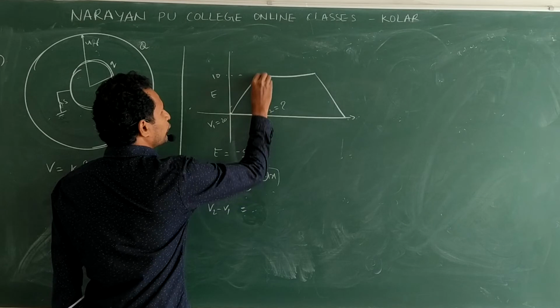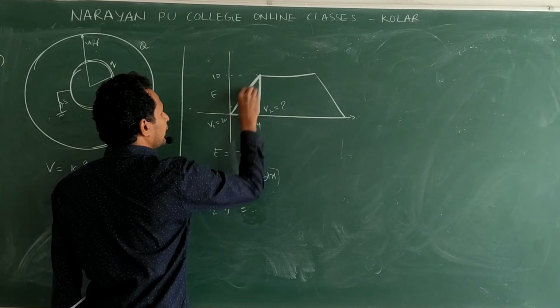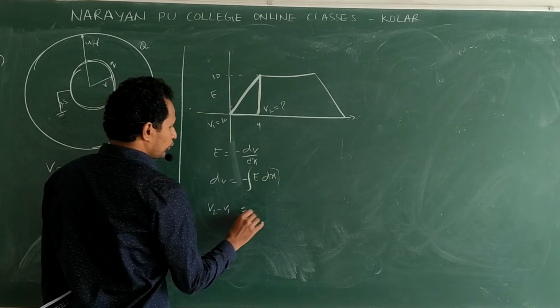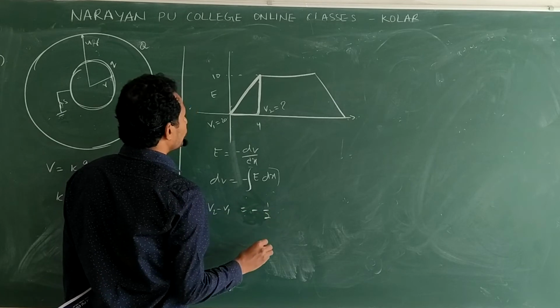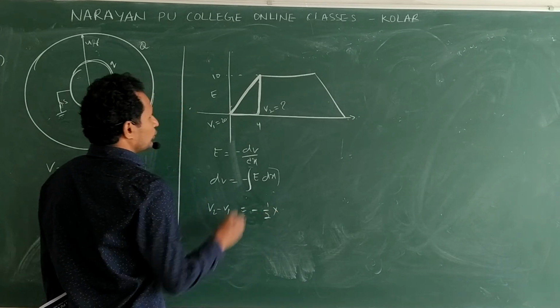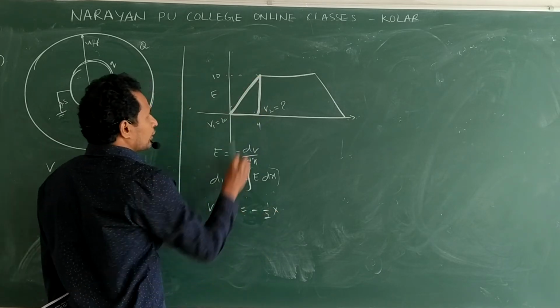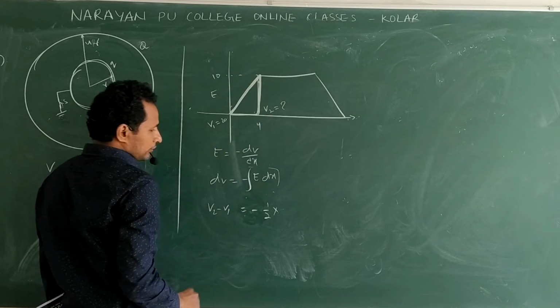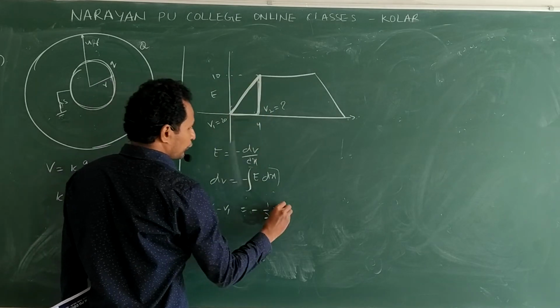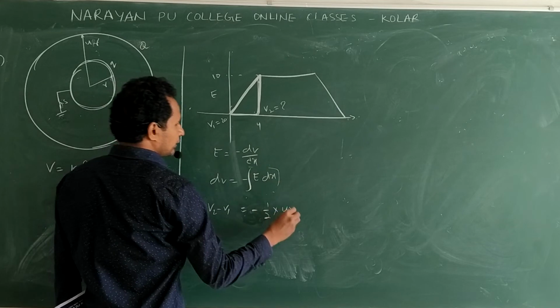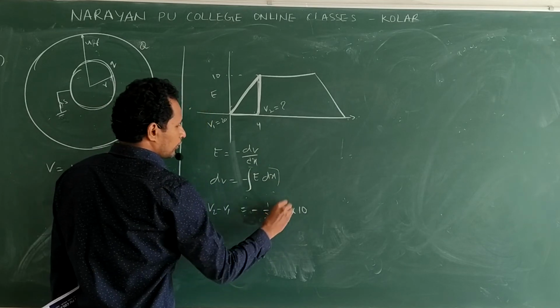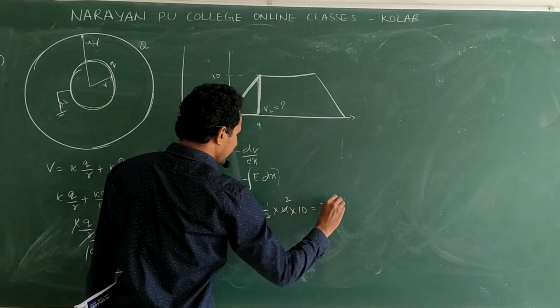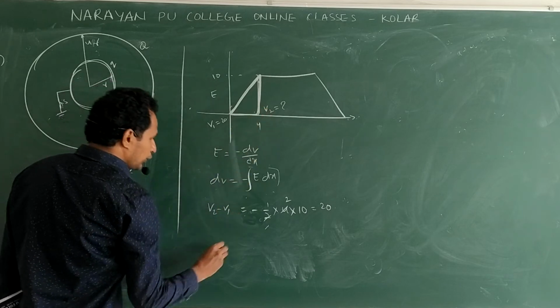So you will find this area. Then this is equal to minus 1 by 2 into, this is a right angle triangle, area 1 by 2. What is the base? 4. What is the height? 10. Then 20.